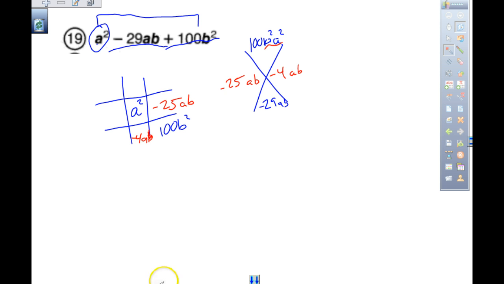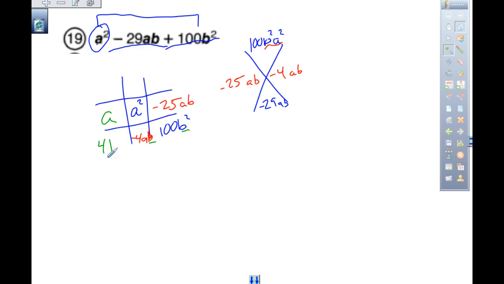And the rest is just factoring. A goes into both. That's the only thing these two have in common. A. On the bottom, 4 goes into both numbers. I'm going to take out a 4. But both of these have a b.